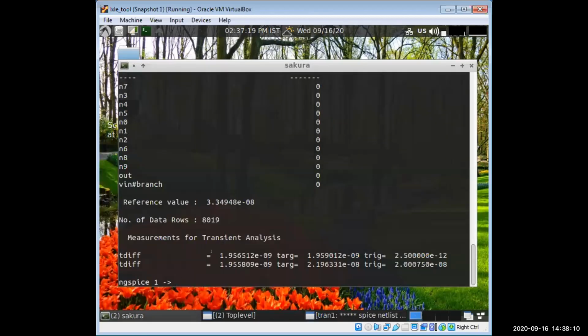The values are 1.95 and 1.95. I have taken 10 segments of that interconnect, and this is different from what Pracheta showed you. It was nearly 1.85, 1.84, and here it has increased to 1.95.